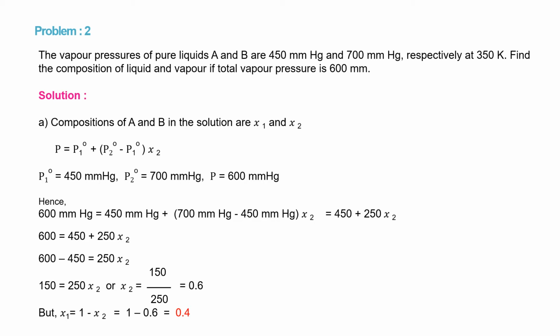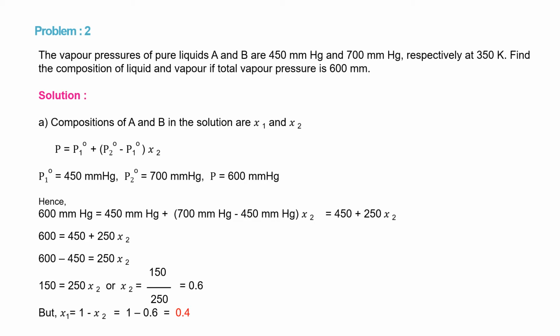P01 is given, that is 450 mm, and P02 is 700 mm mercury. The total pressure P is equal to 600 mm mercury.